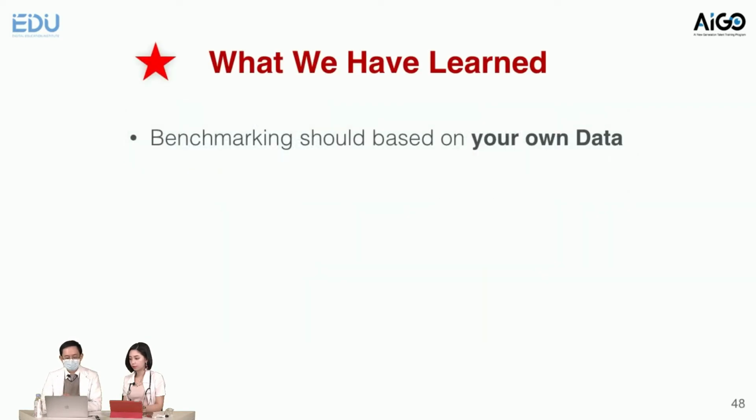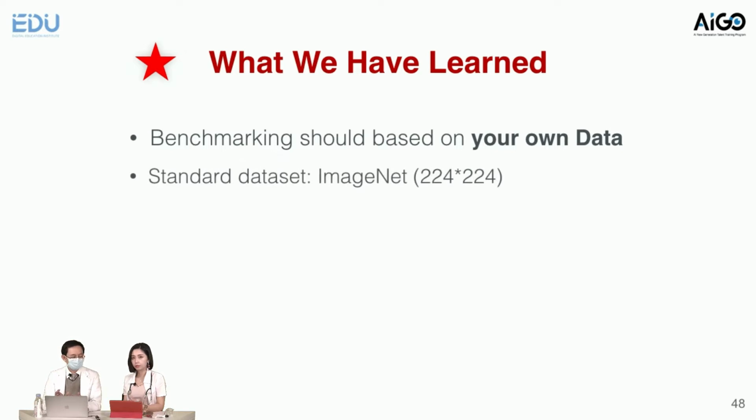First, I want to mention what we have learned from these experiments. We found we should use your own data to do the benchmarking, instead of most of the papers that use ImageNet, this standard data set, to do their benchmarking.